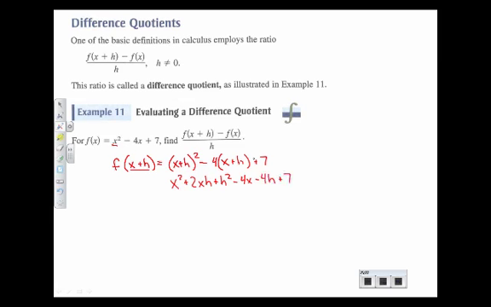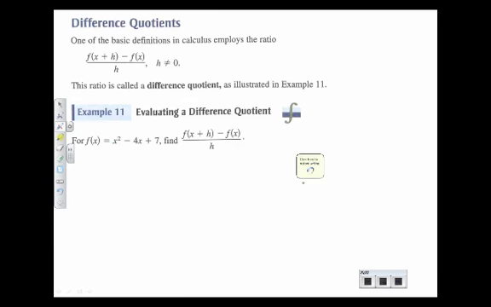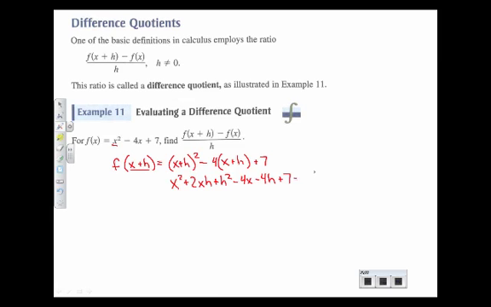And then we have the f of x, which we already know. We just need to be really careful with distributing the negative. So we have minus x squared plus 4x, because we're subtracting a negative, minus 7. That's our numerator. Let's go ahead and simplify this before we do anything else. x squared minus x squared.